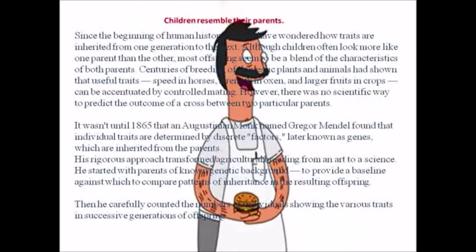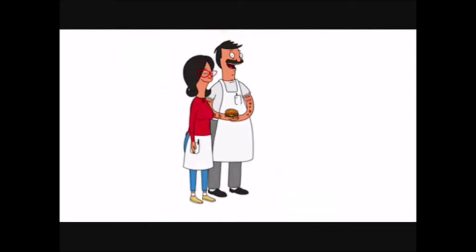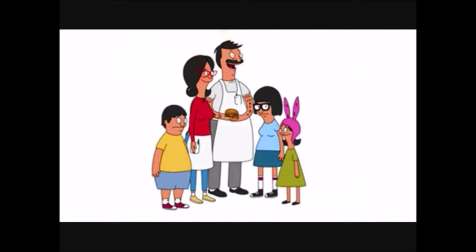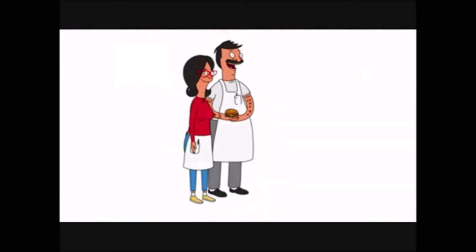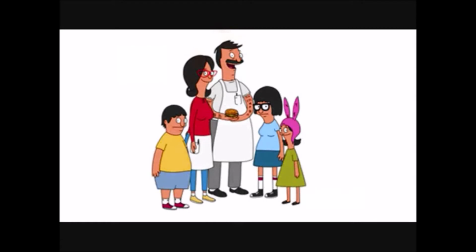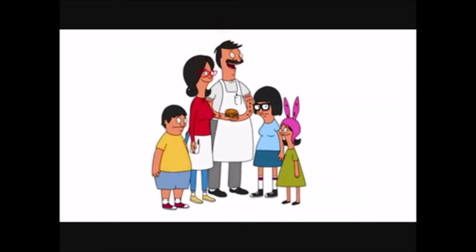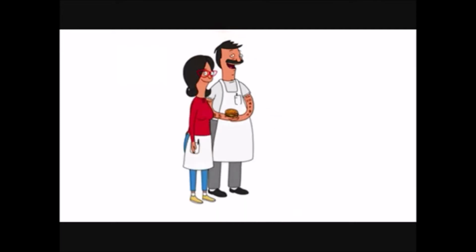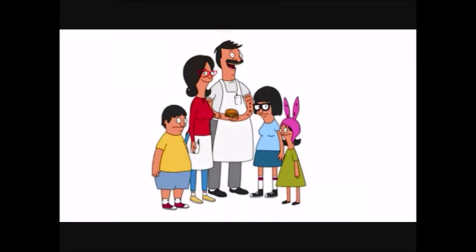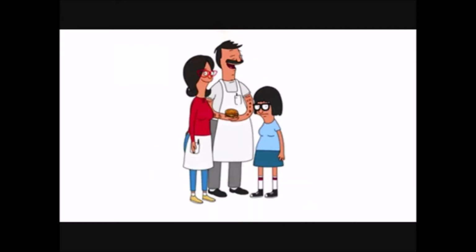Children resemble their parents. Since the beginning of human history, people have wondered how traits are inherited from one generation to the next. Although children often look more like one parent than the other, most offspring seem to be a blend of the characteristics of both parents.